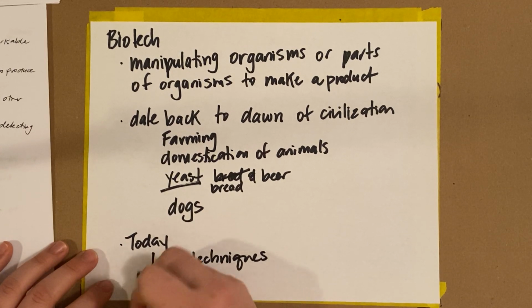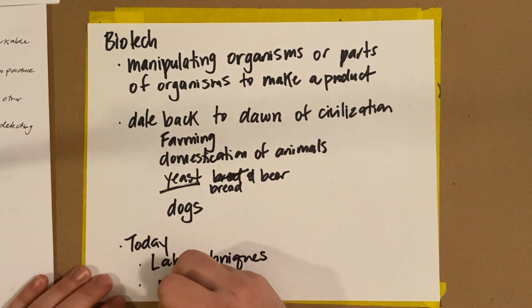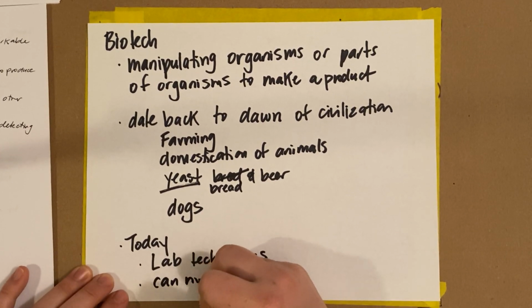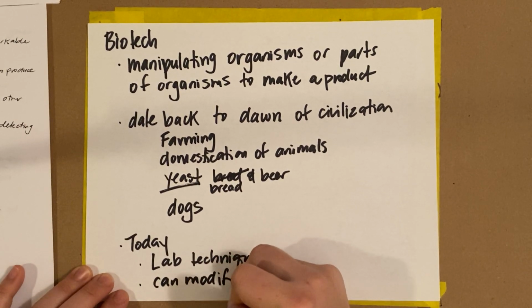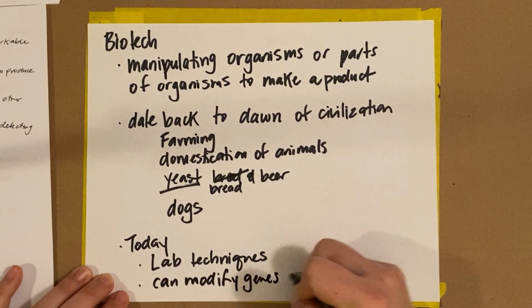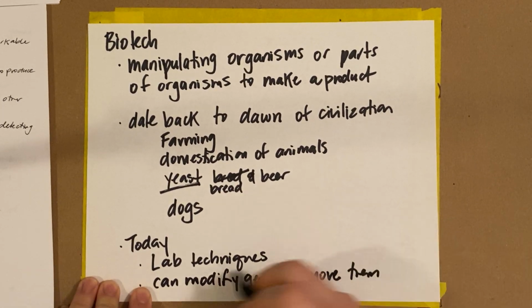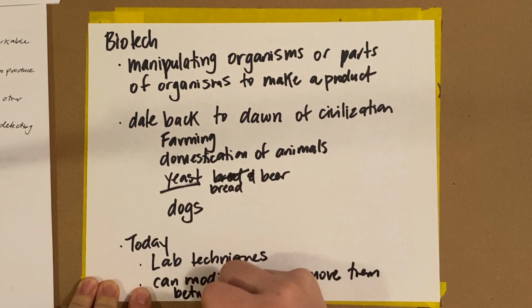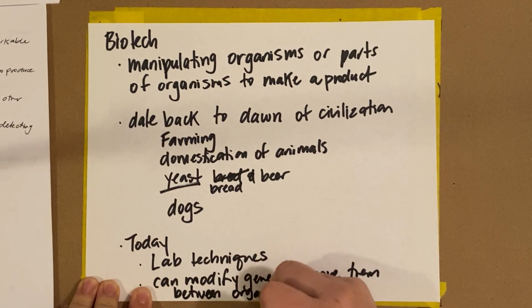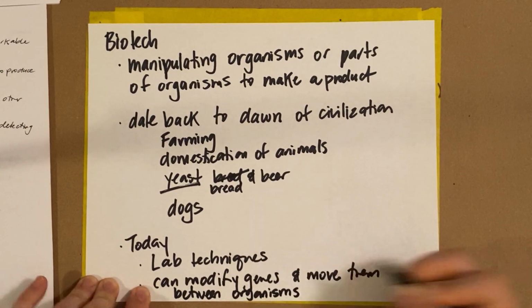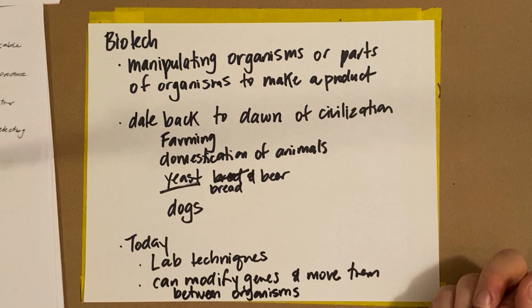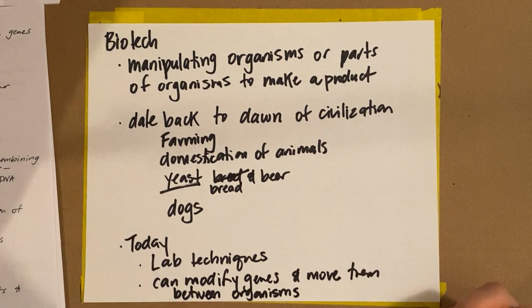Okay? And so things that we can do today are we can modify genes and move them between organisms. Okay, and so we're going to talk about how that actually happens.